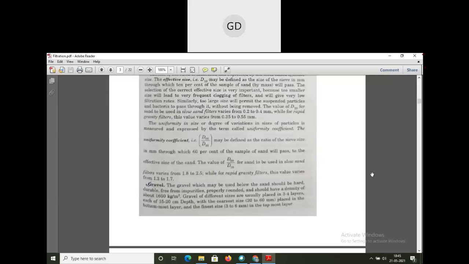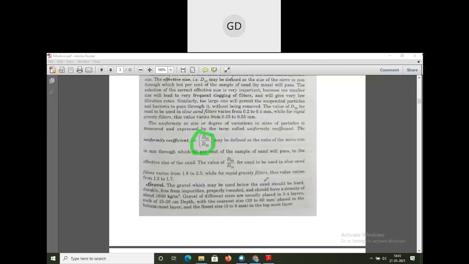That is expressed by a term called uniformity coefficient. It gives you the uniformity in size, or the degree of variation in sizes of the sand particles. It is expressed as D60 by D10.